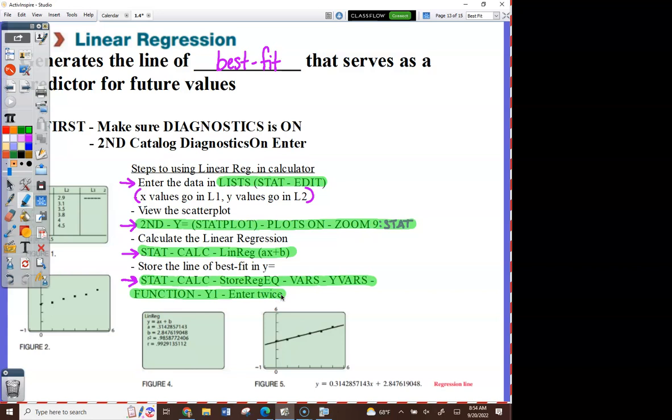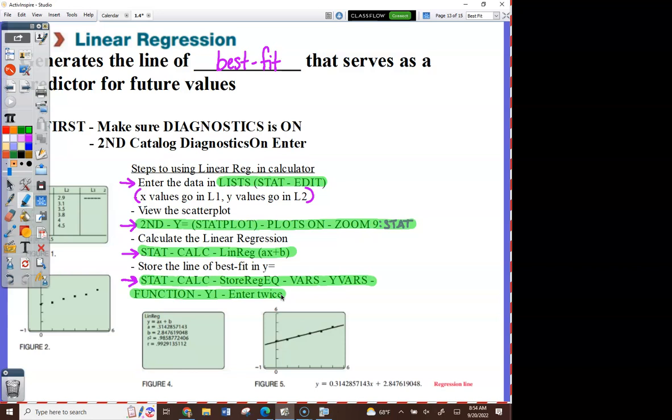During this exam, you cannot raise your hand and say, Miss Holcombe, I don't remember how to do this. You're going to have to memorize this. And it's really, like I said, if you look at it from a standpoint of what you're trying to do, it's not that bad. You're telling the calculator what the points are first.